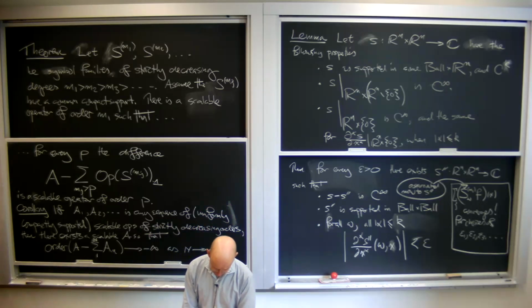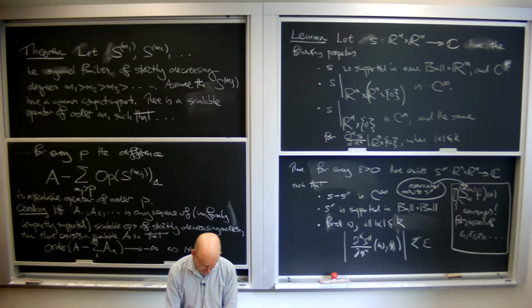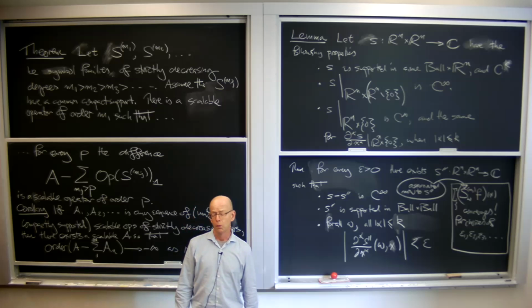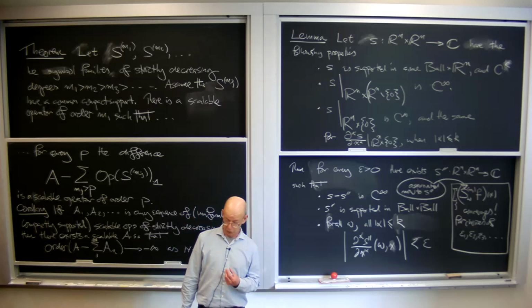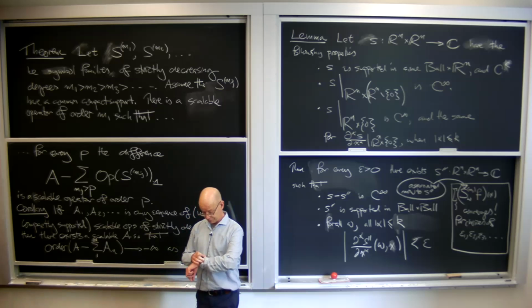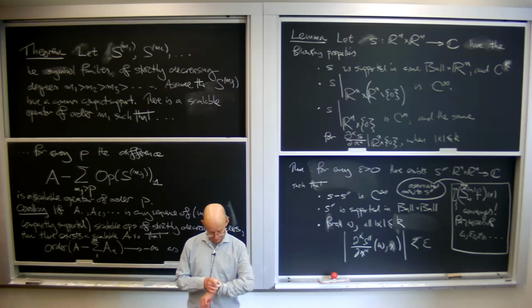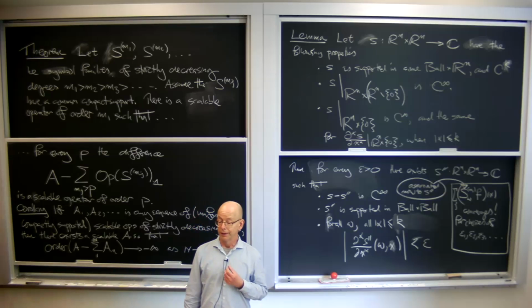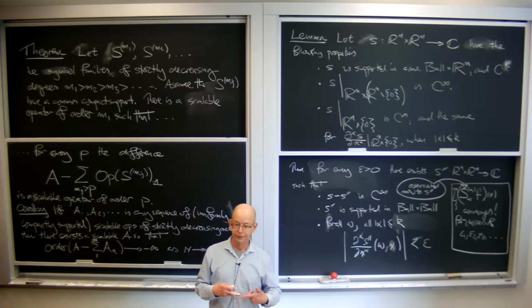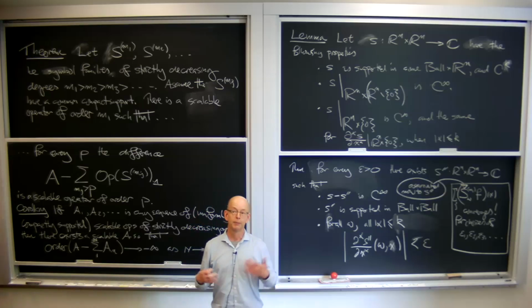And you could alternatively just ignore this issue. What we're going to try to do, which was the original subject of this lecture, hopefully we'll get to it in good time, is invert certain operators modulo smoothing operators by means of some iterative technique. We have an operator like the Laplace operator.